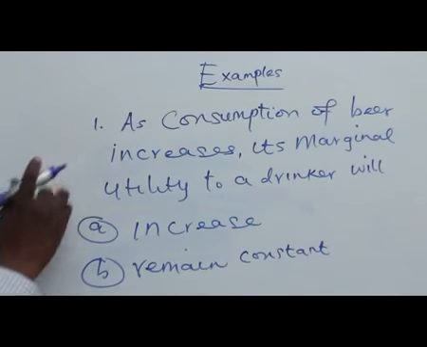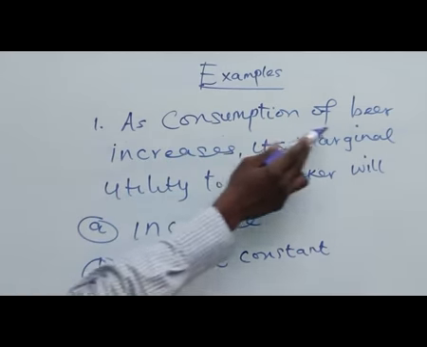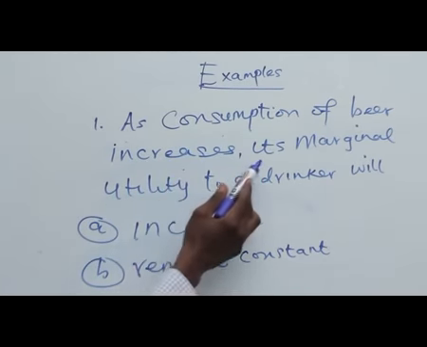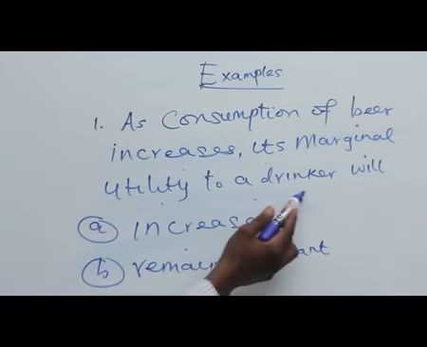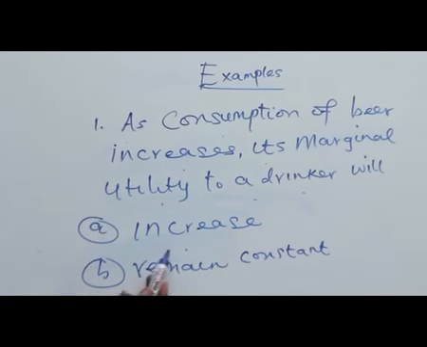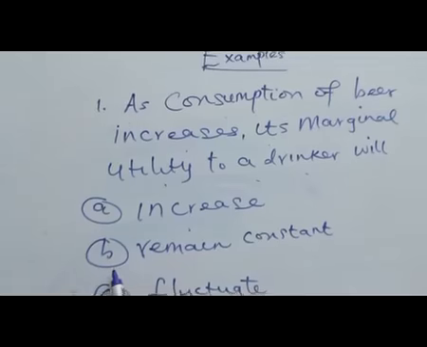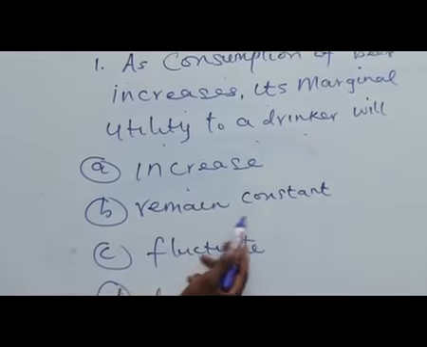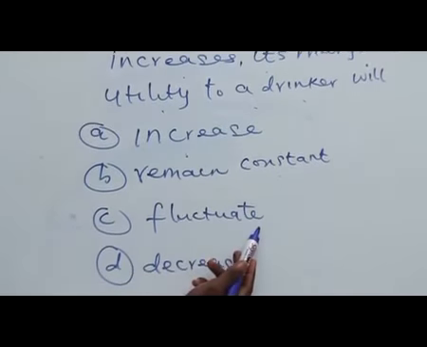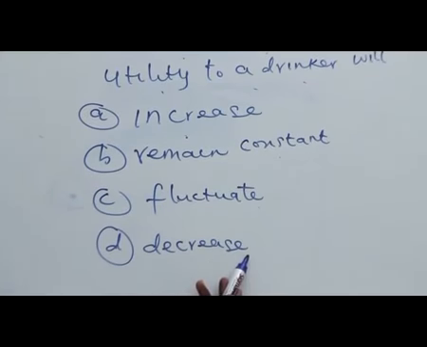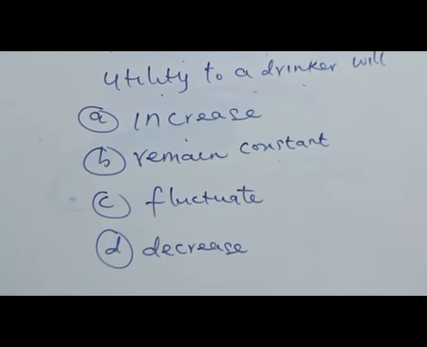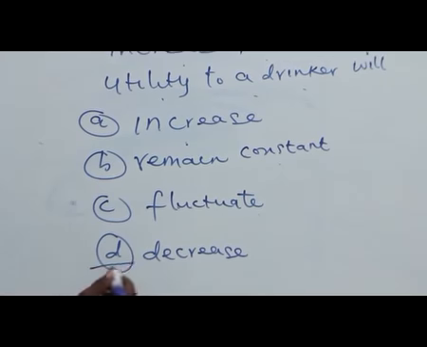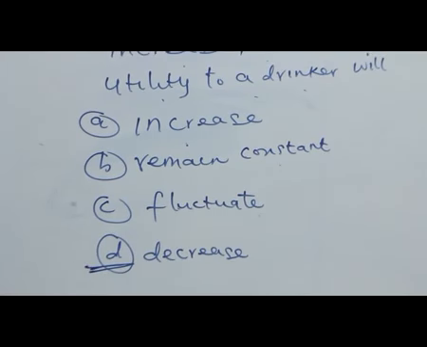Examples. Question 1. As consumption of beer increases, its marginal utility to a drinker will: A. Increase, B. Remain constant, C. Fluctuate, D. Decrease. The right answer is D, decrease.